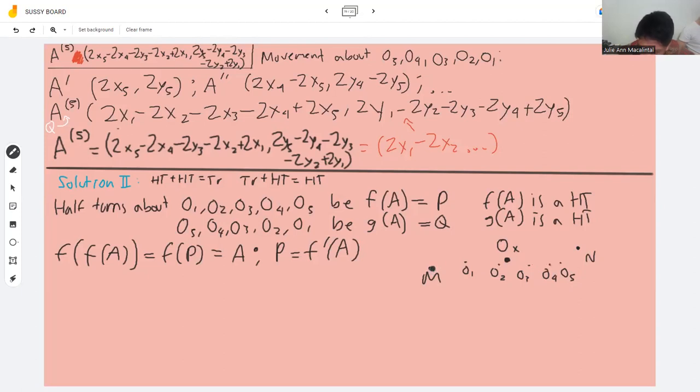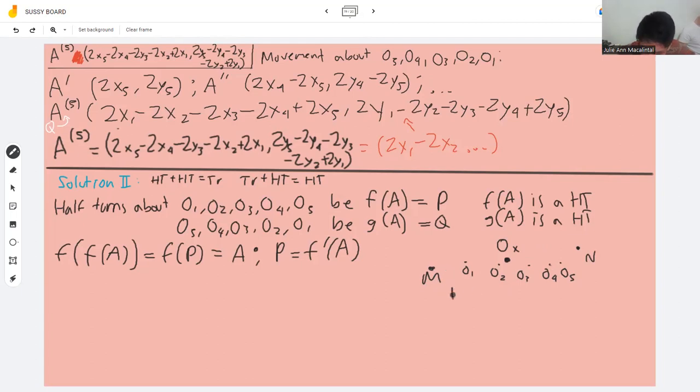Apparently we don't know what happens if we put M into this function, although the problem states that in some way it should be N. We're not sure of that, but we are sure that if we plug in N into that function, we'll go about O5, O4, O3, O2, and O1, all the way back to M. So the function going back will exactly reverse everything and go back to M.